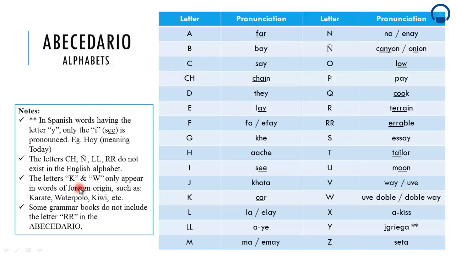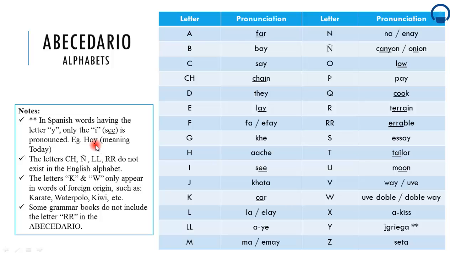Now note these 4 points. The first point is about the letter Y in Spanish, which is pronounced as Y, but when it is used in words, it is not pronounced as Y, it is just pronounced as E, same as the letter I. So for example, HOY is OI, it's not HOY, it is OI.